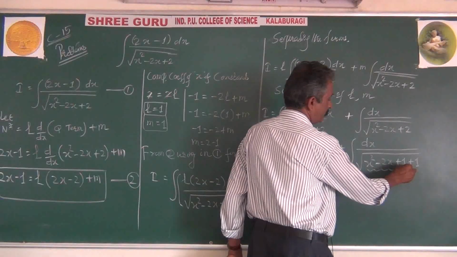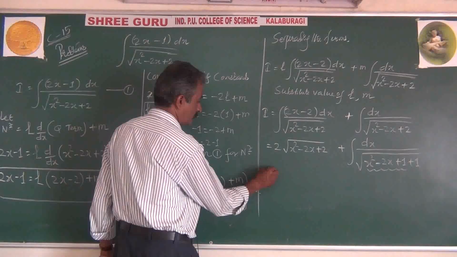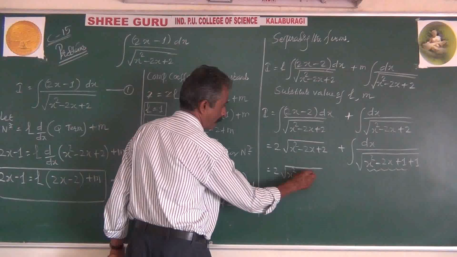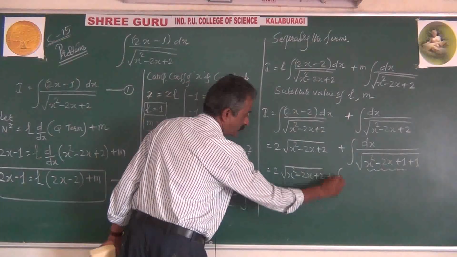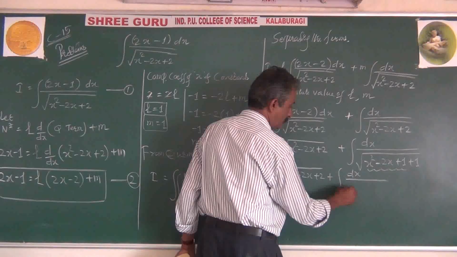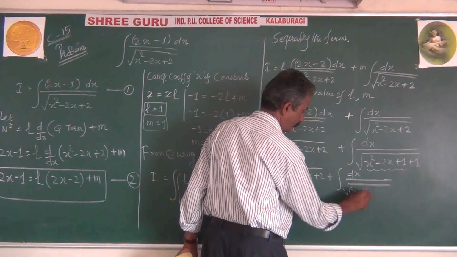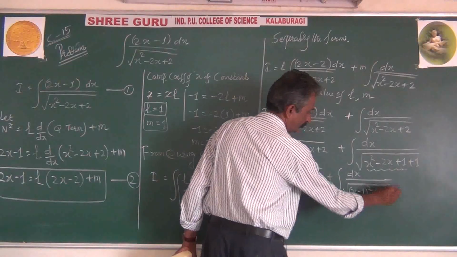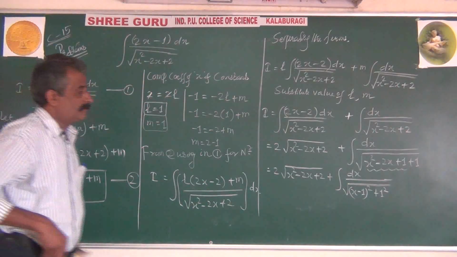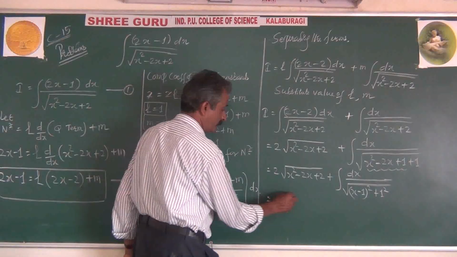So that now these three terms will make x minus 1 whole square. 2 root of x square minus 2x plus 2, plus integration dx by root of x minus 1 whole square plus 1 means 1 square. And the last one, 2 into square root of x square minus 2x plus 2.